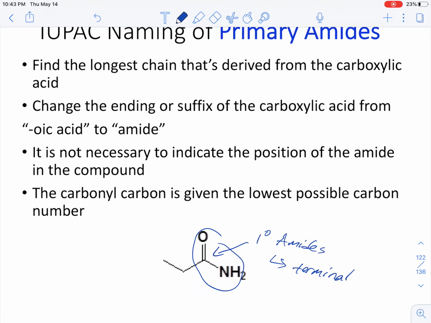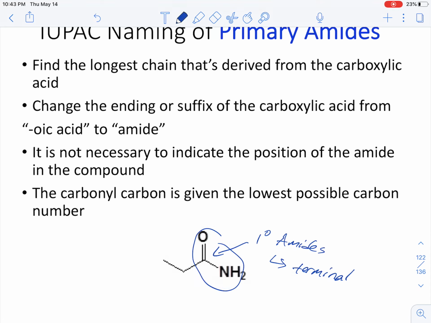In other words, there is no carbon chain that's bonded onto the nitrogen. And so since amides are terminal, we don't need to communicate to the reader the carbon number of where this amide is. We always know that this is always going to be carbon number 1.